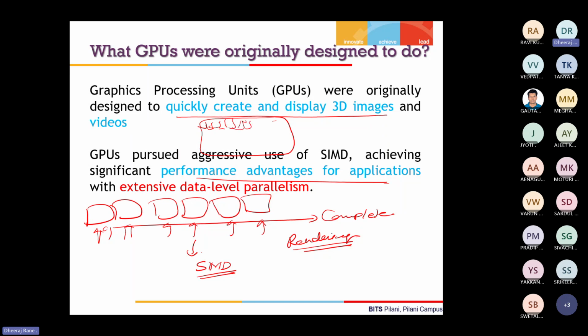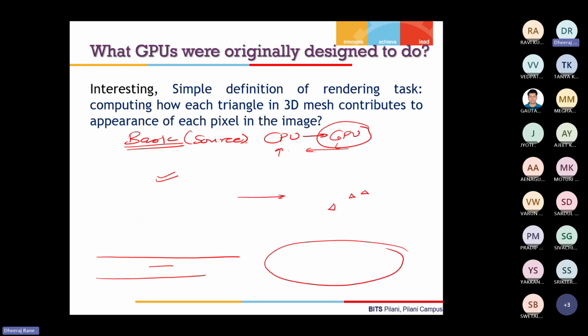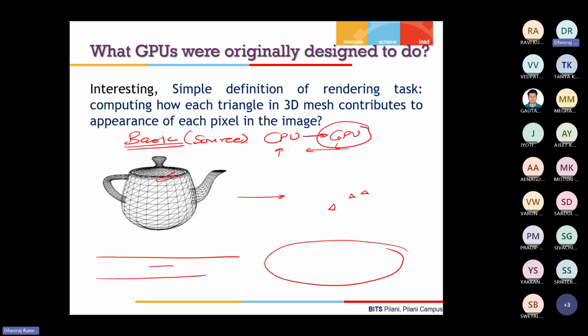So the basic concept will remain the same in all the cases when we are generating 3D images. And at a later stage, it seemed advantageous for other applications such as machine learning or any other application that can be parallelized. So that way, the GPU was there.